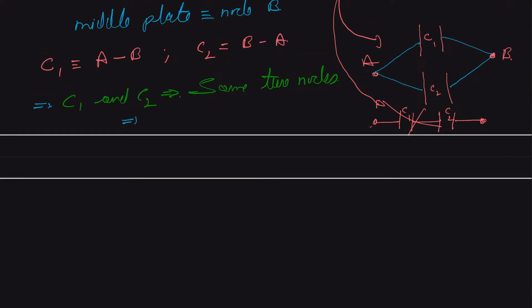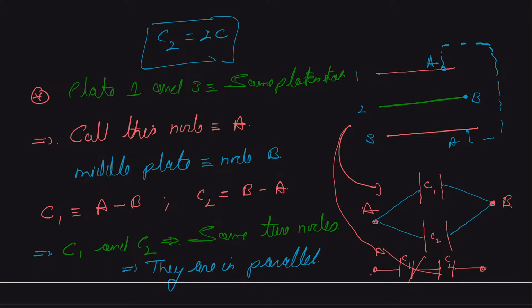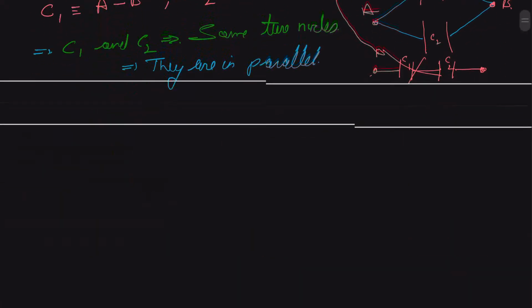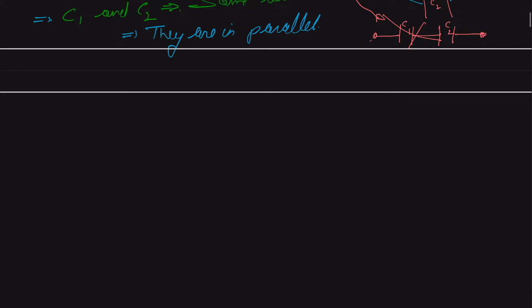So we can say they are in parallel. And if they are parallel, we can write that their equivalent capacitance will be equal to C1 plus C2.